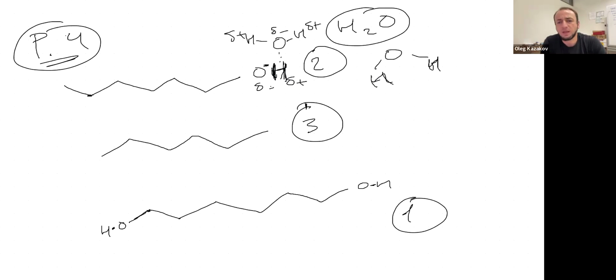Then if we take a look here, we have 2 hydrogen bonding groups, so potentially they can bond with 2 molecules of water. So let's make it happen. Maybe it's going to look something like that: OH will have delta plus, O will have delta minus. Then we can put the water molecule here, and we can also put a water molecule here.